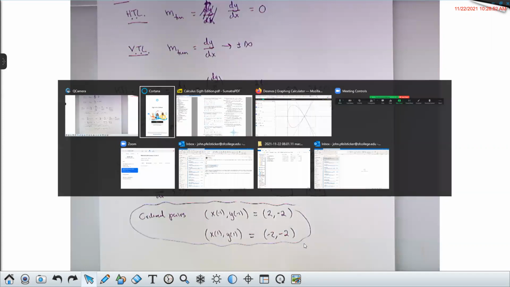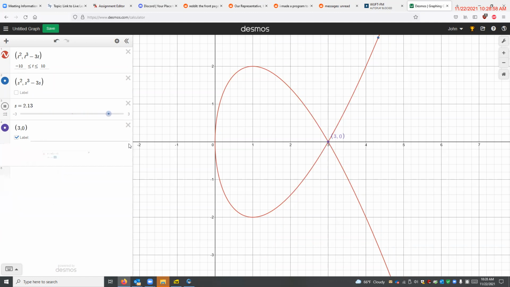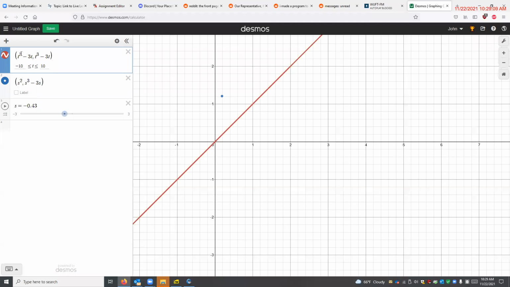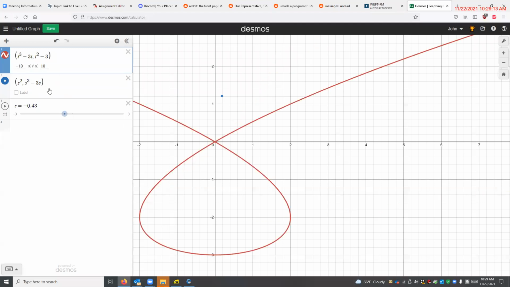We look at the graph. That was t cubed minus 3t, comma, t squared minus 3. Here it is.